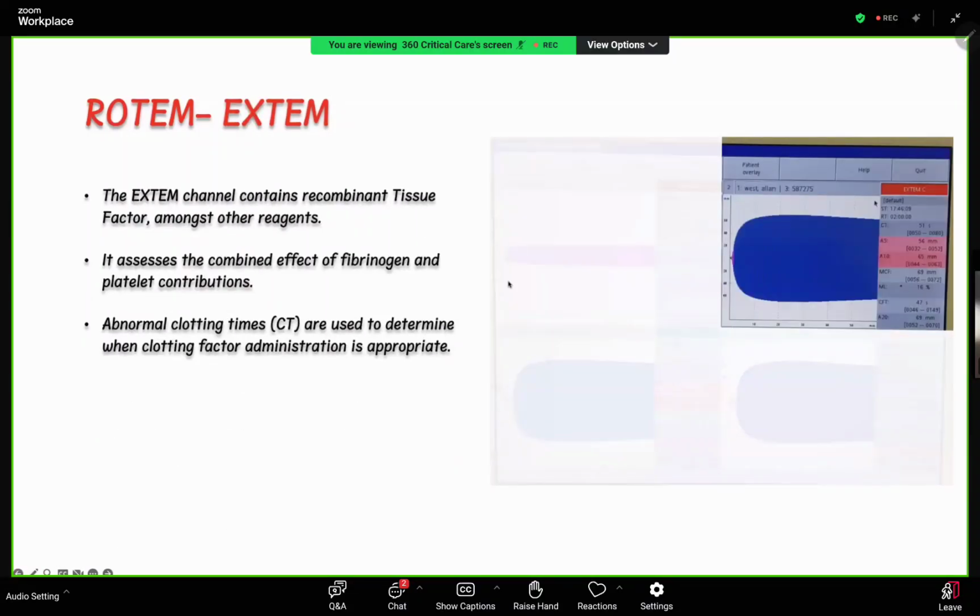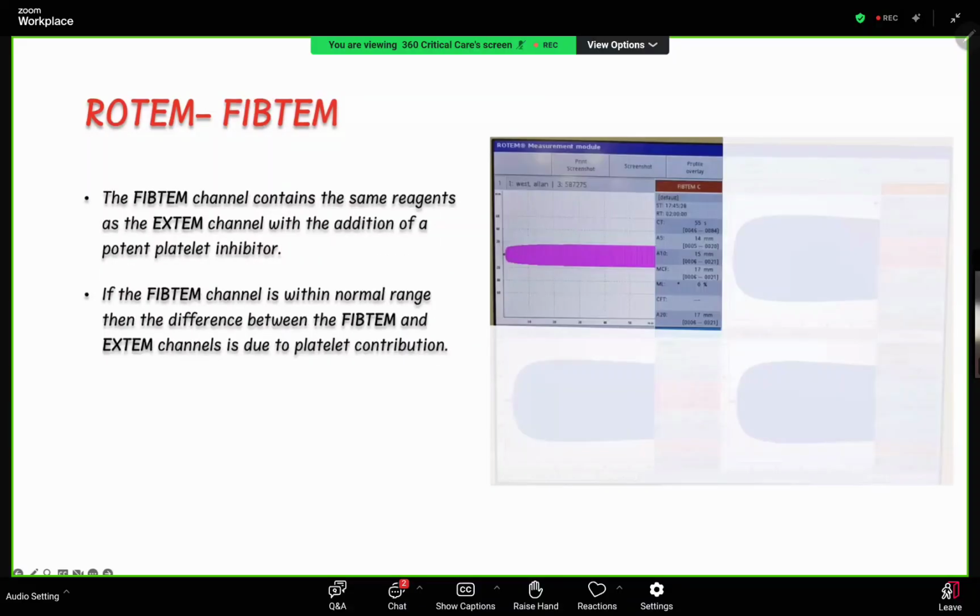Yeah. So explaining again, this is the ExTem channel. It looks at both the effect of fibrinogen and platelet. So whatever you see here is the combined effect of fibrinogen and platelet. In the FibTem, whatever you see is because of fibrinogen.